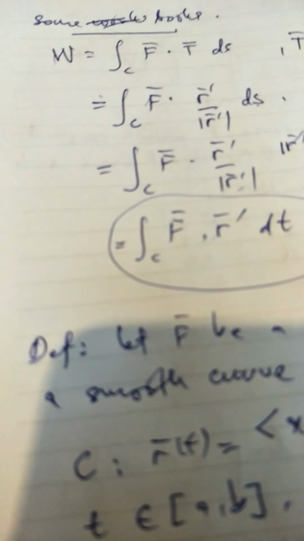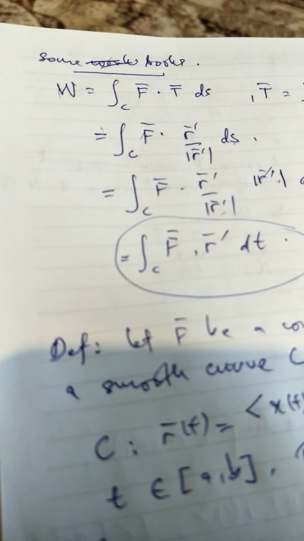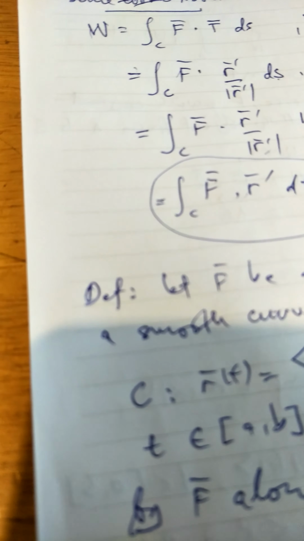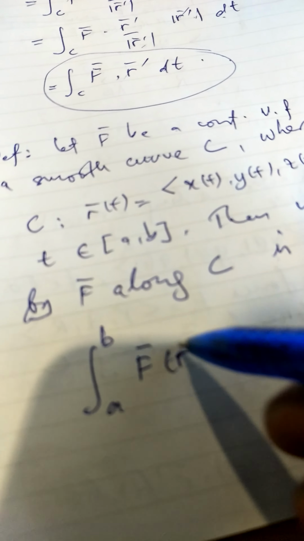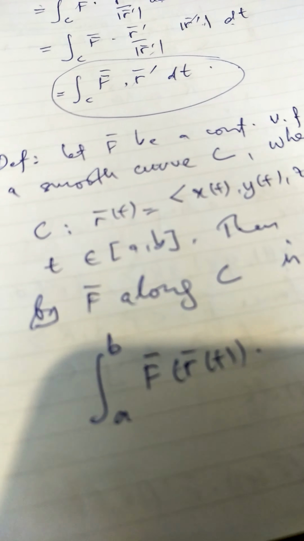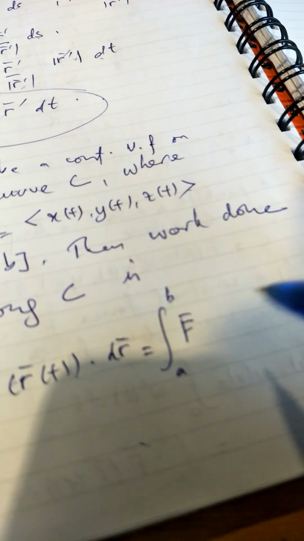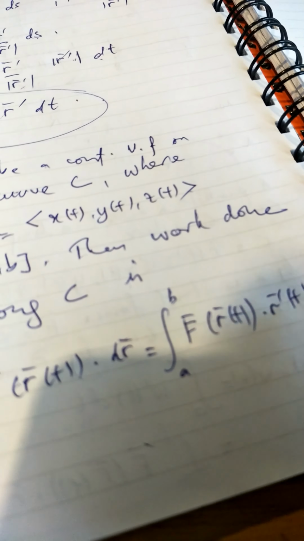All right, then the work done by F along C is defined as the integral from A to B of F(R(t)) dot dr. This is equal to the integral from A to B of F(R(t)) dot R prime(t) dt.